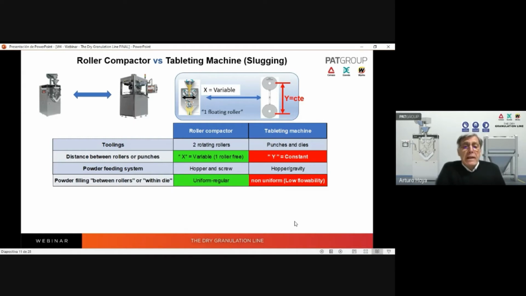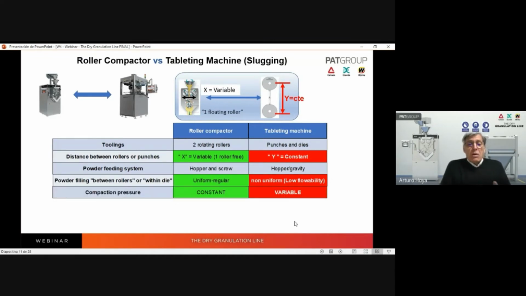So the powder filling between rollers or within dies will be uniform and regular in the case of roller compactor, but not uniform, with low flowability, in the case of the tablet machine. So what we will obtain during the process is that the compaction pressure will be constant if we use a roller compactor, and will not be constant, will be variable, in the case of the tableting machine.